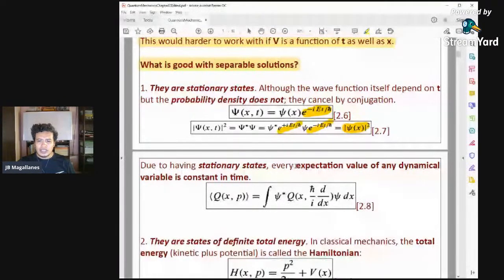So to get the expectation value of any dynamical variable, you just use this formula, and that will be constant in time, meaning it doesn't change with time, but it changes only with position.